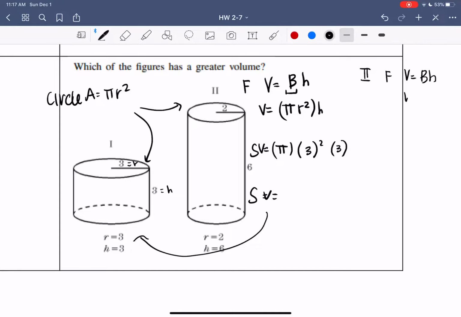Big BH, volume equals pi r squared h. So when we substitute, we have a volume of pi times 2 squared times 6. And so when you solve this one, you'll be able to tell which is bigger.